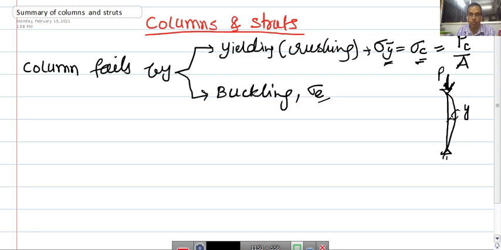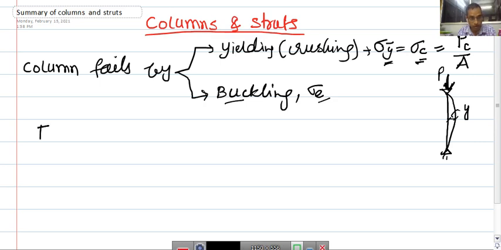The deflection y is going to increase while the load is the same, so capacity decreases, y increases, capacity decreases further, till it collapses. This is what you have to observe as far as buckling is concerned: collapse. So, what is the capacity of a column when it is going to buckle?